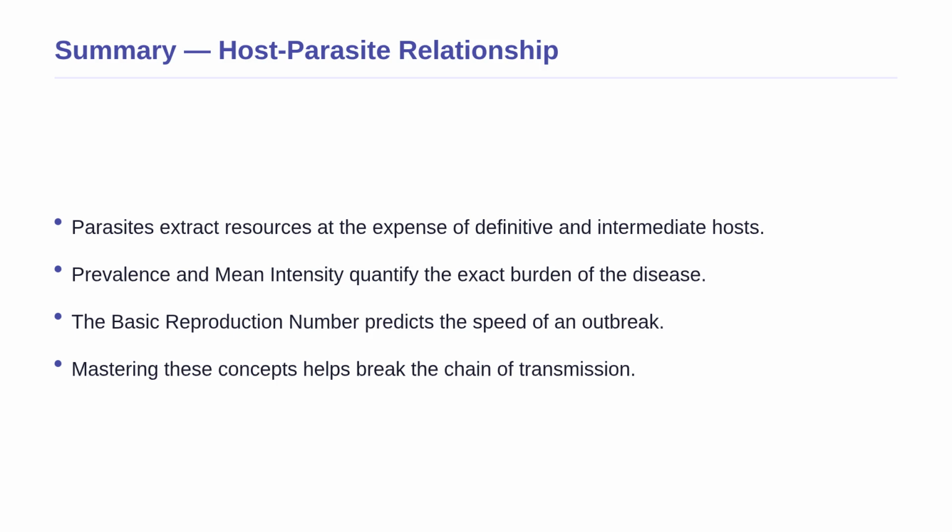Finally, we used the basic reproduction number to predict how rapidly an infection will spread. By mastering both the biology and the mathematics of these interactions, medical professionals can break the chain of transmission and protect vulnerable populations. You now have a solid foundation in the dynamics of parasitology.